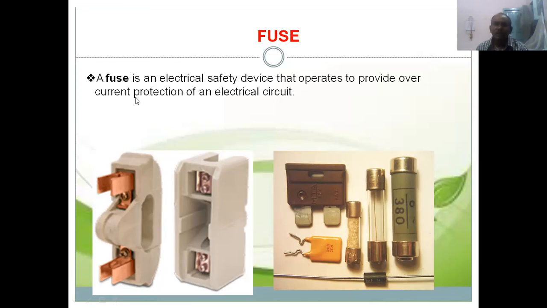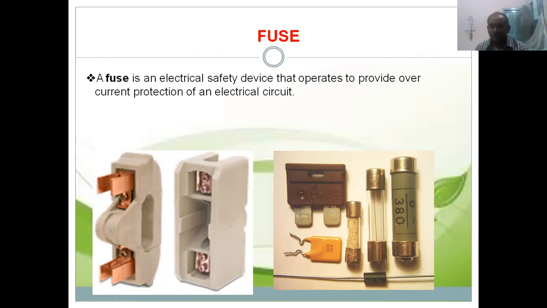The fuse is an electrical safety device that operates to provide overcurrent protection of an electric circuit. The fuse is nothing but a low melting point element.